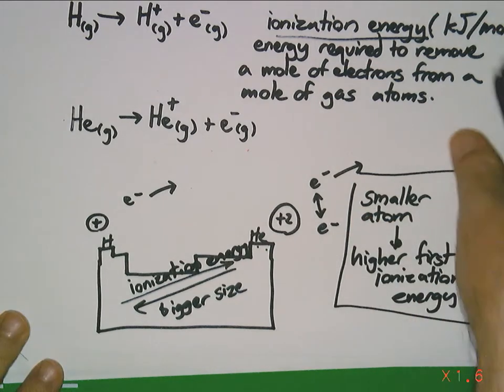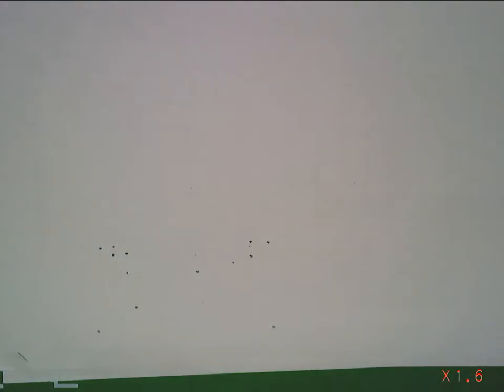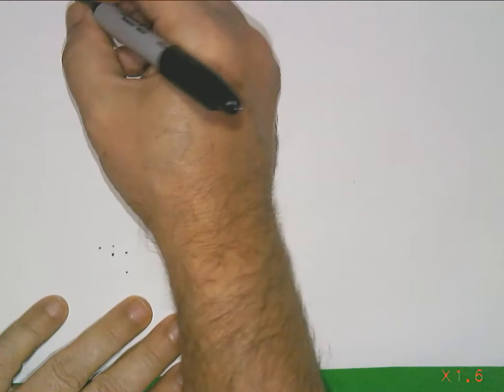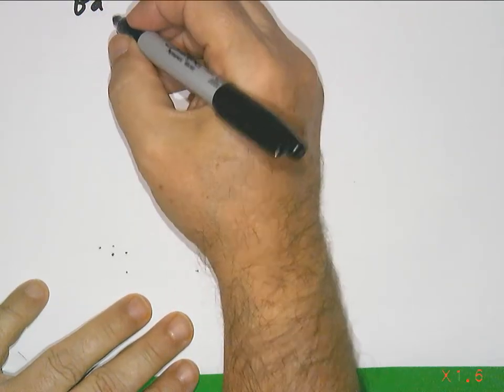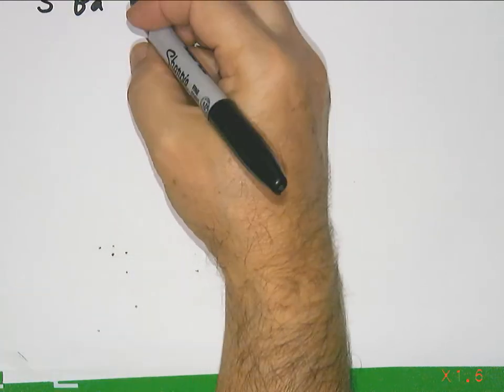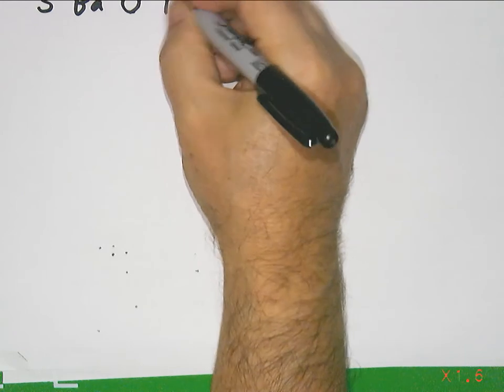So let's compare a couple of atoms. Let's suppose I've got, I don't know, let's say barium, sulfur, and oxygen, and bromine.